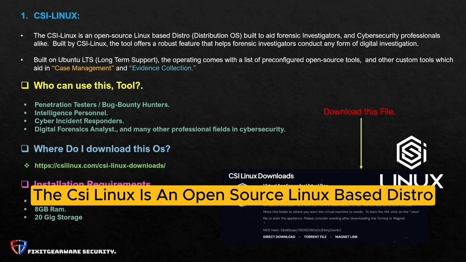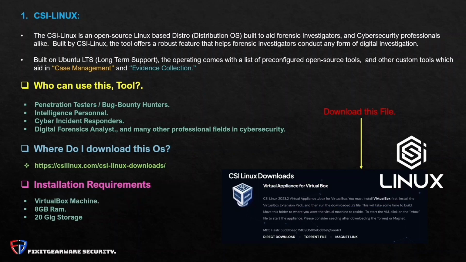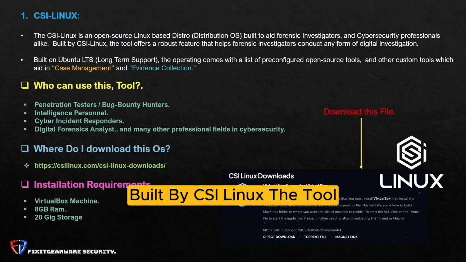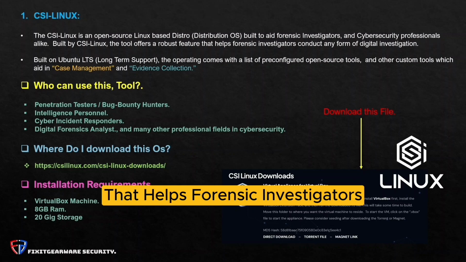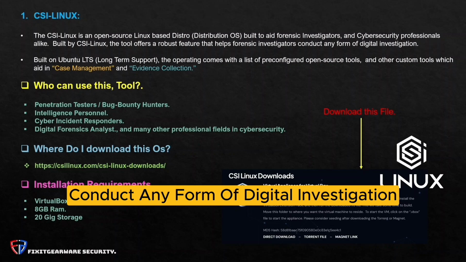CSI-Linux. The CSI-Linux is an open source Linux-based distro, also known as the distribution OS, built to aid forensic investigators and cybersecurity professionals alike. Built by CSI-Linux, the tool offers a robust feature that helps forensic investigators conduct any form of digital investigation.